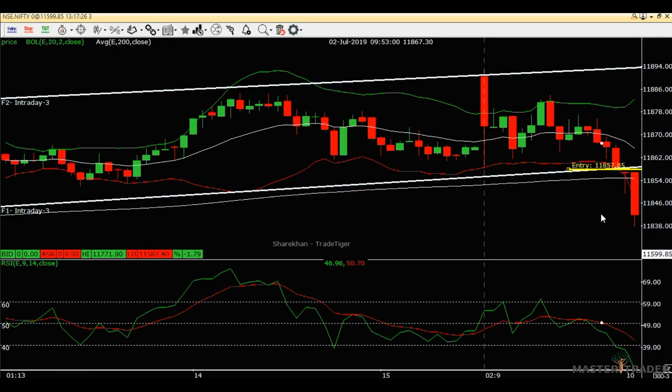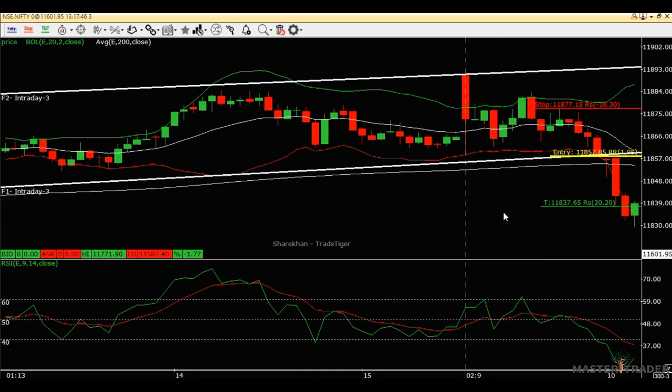All right, so first target is of 20 points, which is right here. Stop loss we can keep at our swing high, right, which is around 20 points. Okay, so our first target is done of 20 points.